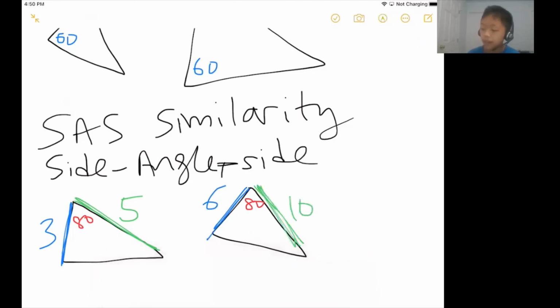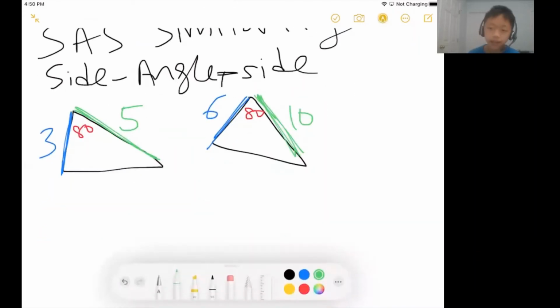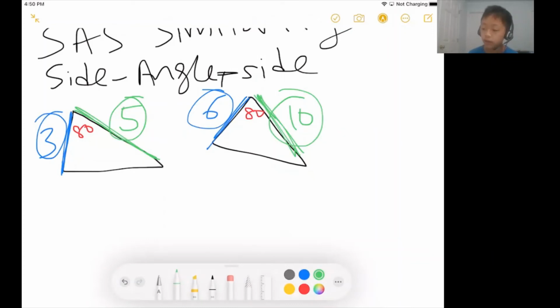Then we can say these two triangles are similar because the ratio of corresponding sides are equal. Notice that 6 is double 3, and 10 is double 5. So the ratio of the corresponding sides, 3 to 6 and 5 to 10, have the same common ratio. So we can say that these two triangles are similar by SAS similarity, side angle side similarity.